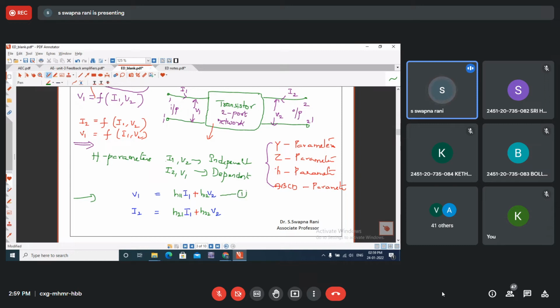So these are the two equations based on which the small signal model of the transistor has been derived.